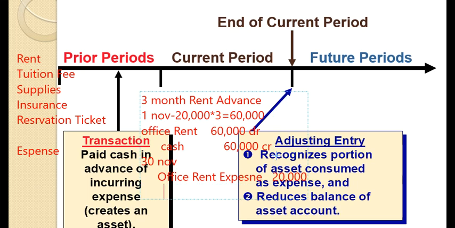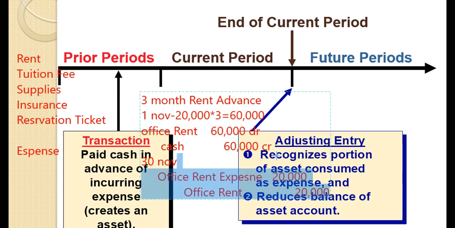Which account will I use for the credit? Am I using cash or accounts payable? No, because I already paid, so I use the office rent account, 20,000, as a credit. It is basically a transaction that I perform, and it is an adjusting entry.